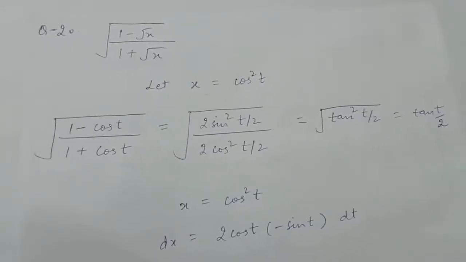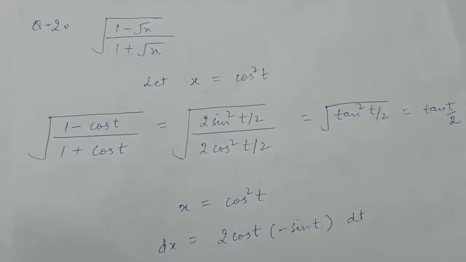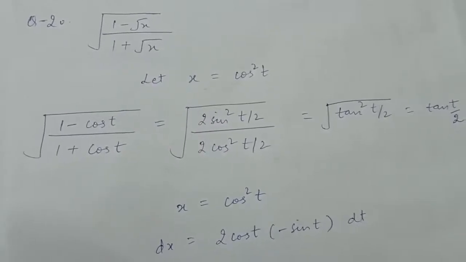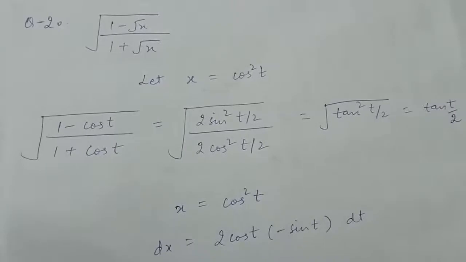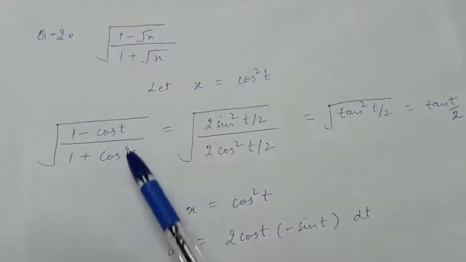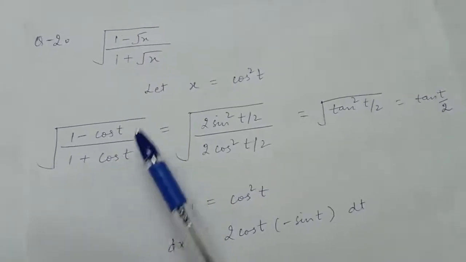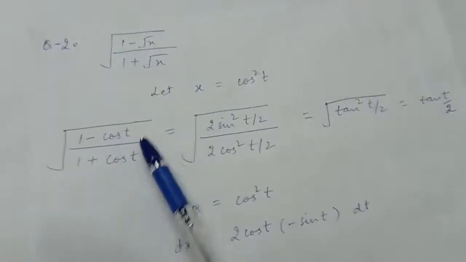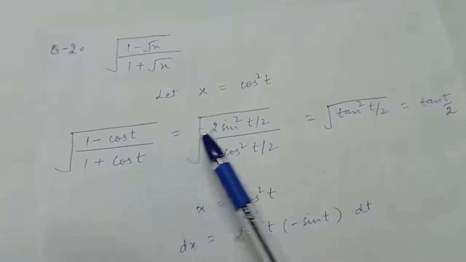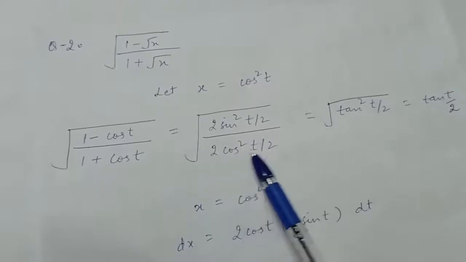Now question number 20 is root of (1 minus root x) upon (1 plus root x). See, we know the formula of 1 minus cos t and also the formula of 1 plus cos t. Therefore, let this root x equal cos t, right? If root x is equal to cos t, then x will be equal to cos square t, and this will become root of 2 sin square (t by 2) upon 2 cos square (t by 2).